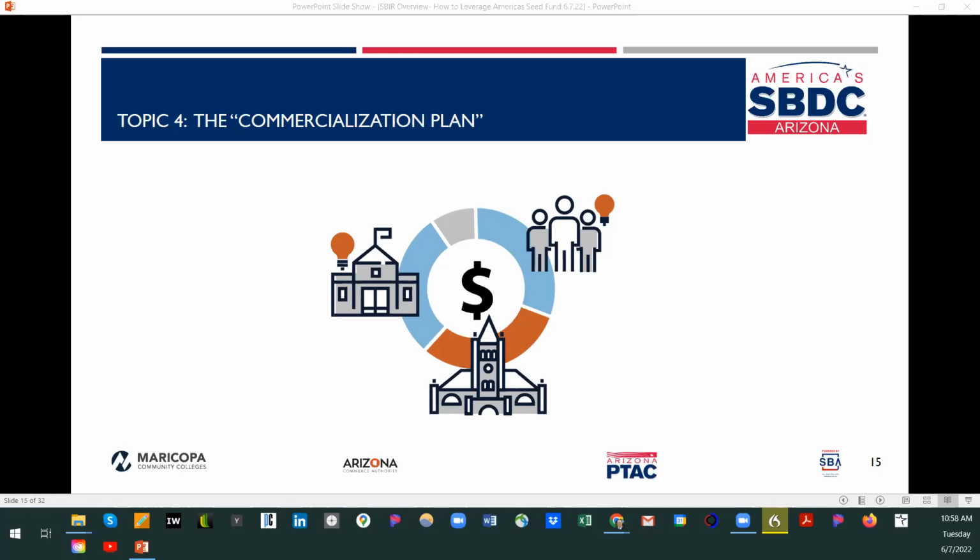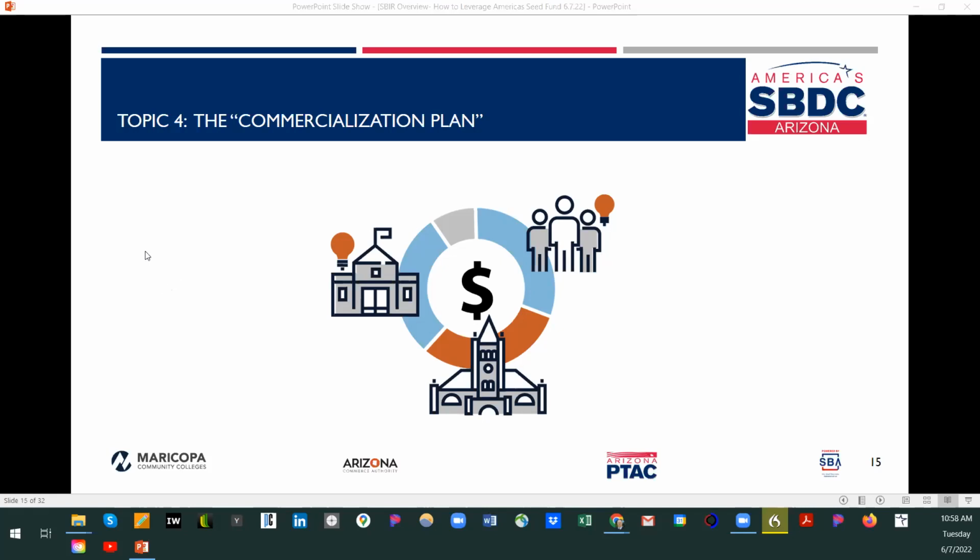So the objective is to fund small businesses to be able to fund research that's going to be applied to start to create businesses. And the term they use is commercialization plan. Another term could be business plan, et cetera. So it's really an important component of the SBIRs, especially in phase twos. Bob told you a little bit more about phase 2 versus phase 1. I'll talk to you a little bit more about that too.